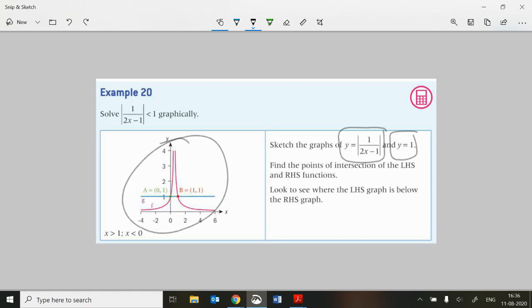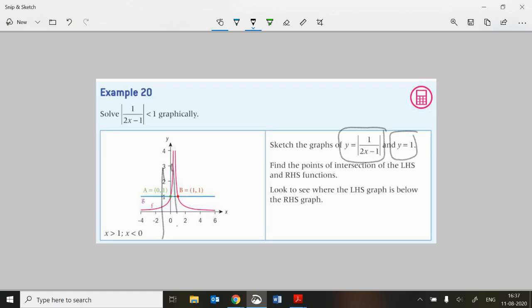You should get two graphs like this, and on your calculator, when you go to analyze the graphs, you can find the points of intersection, and it will allow you to do them one at a time, I believe, and you then have to define the domain in which you're looking for a solution.